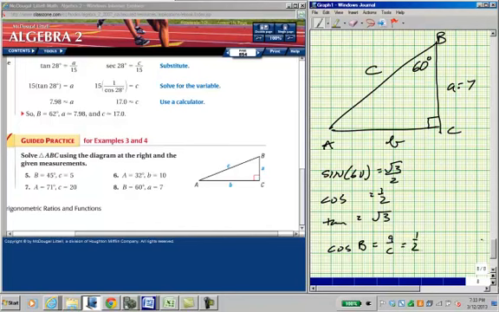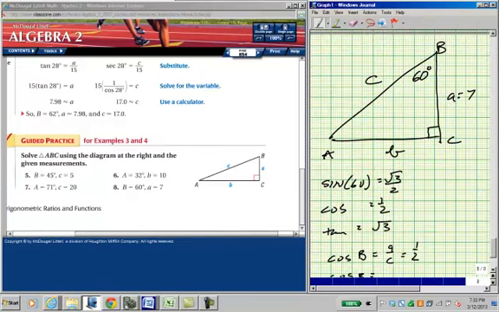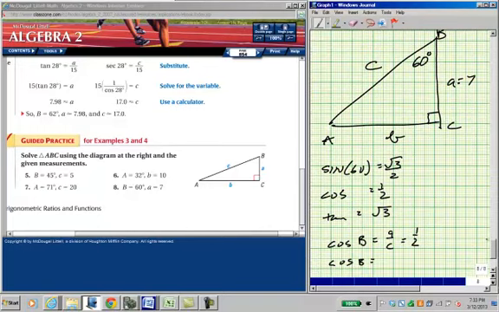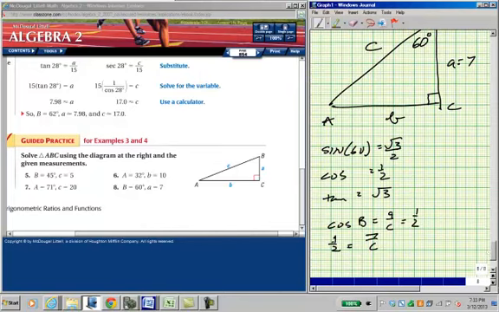So the cosine of B equals 1/2 equals 7 over C. So C has to equal 14.